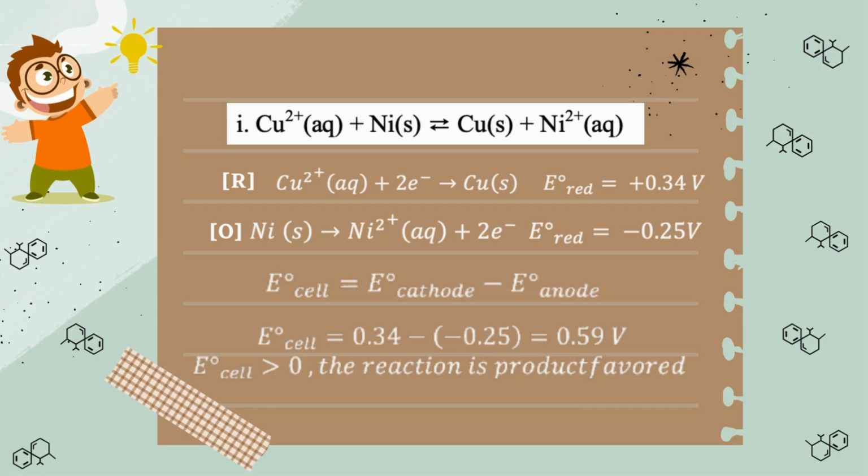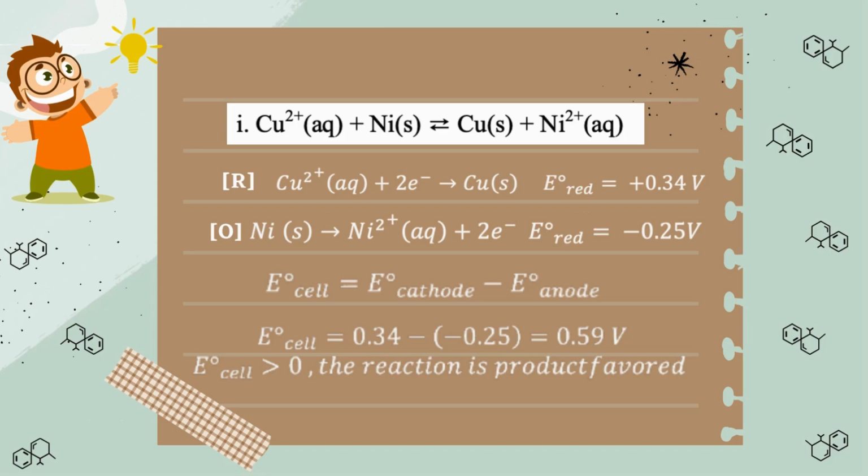And nickel is oxidized to nickel 2+, and the reduction potential for this half reaction is negative 0.25 volt. Next, we need to identify the anode and the cathode. The cathode is where reduction occurs, which is the Cu2+ forming Cu half reaction, while the anode is where oxidation occurs, which is the nickel forming Ni2+ half reaction.